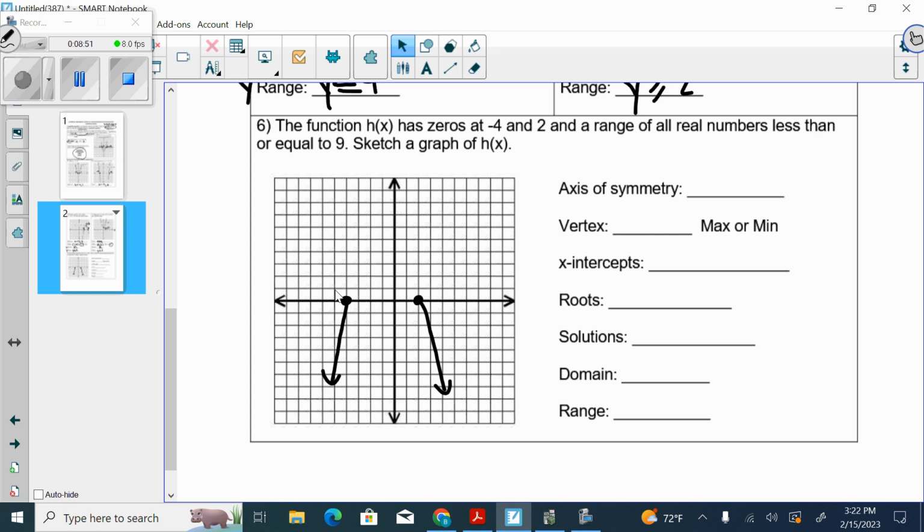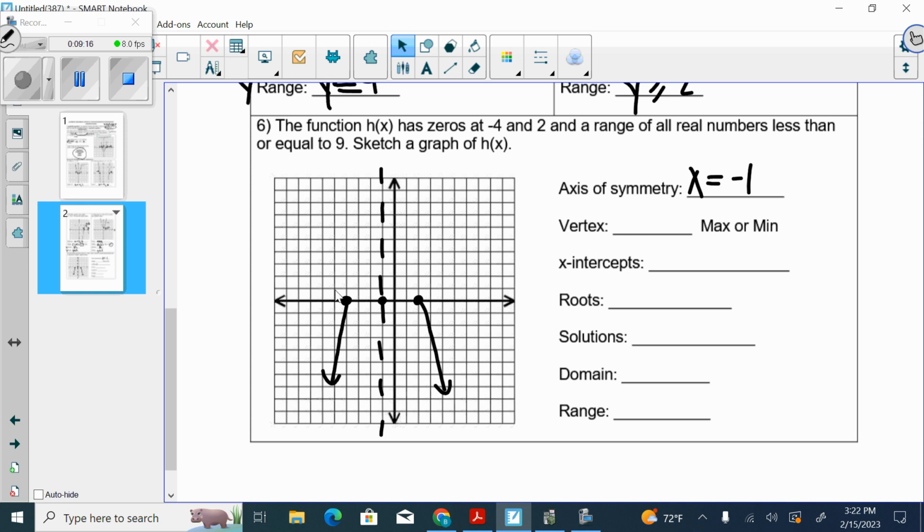Right down the middle. So it has to be in the middle of these 2 points. What number is in the middle of -4 and 2? -1, right. -1 is right in the middle. So that means I must have my line at -1. So I got x equals -1.